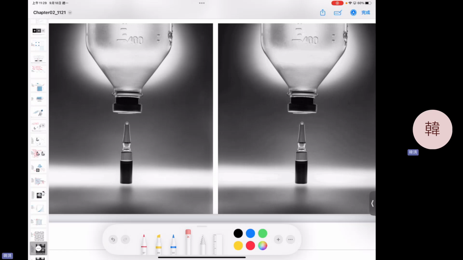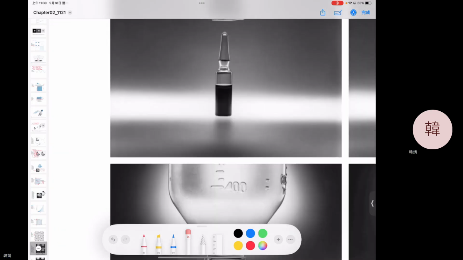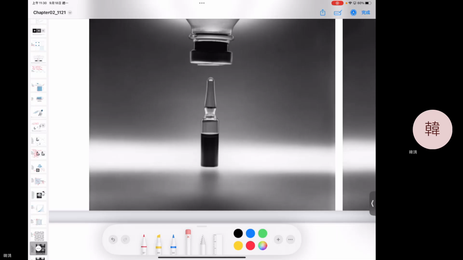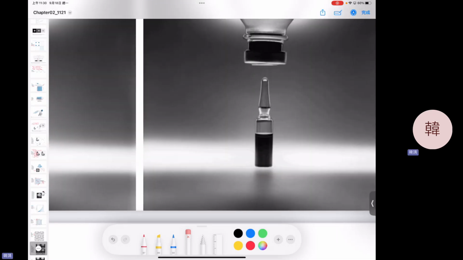Still, it's hard to see. 64 different gray levels through your eyes, compared to this one, still good quality for you. This is 5 bit, 32 gray levels. Maybe you can see some blur.